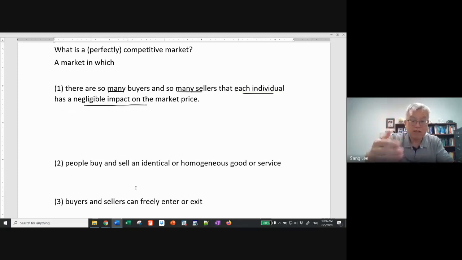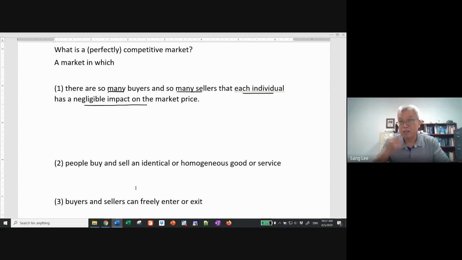So when you join the market, you ask, hey, what's the going price? And then you only decide whether to accept the price or not. If you accept the price, you buy something. If you do not accept the price, then you don't buy any. And the sellers, they join the market. Hey, what's the going price of a pumpkin or watermelon?